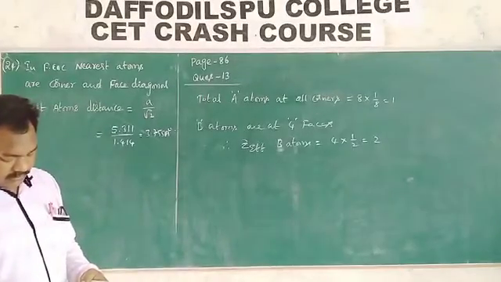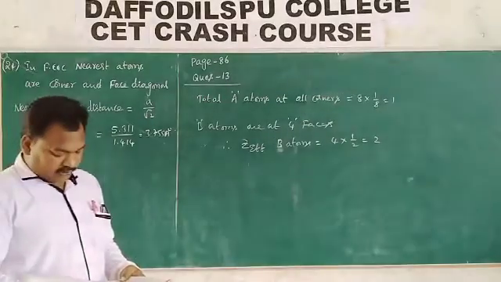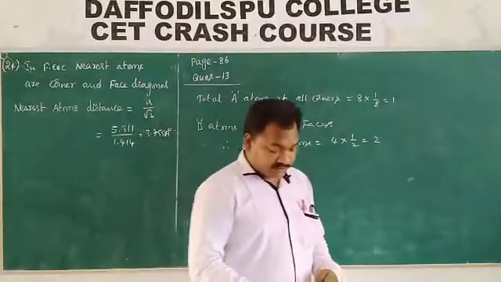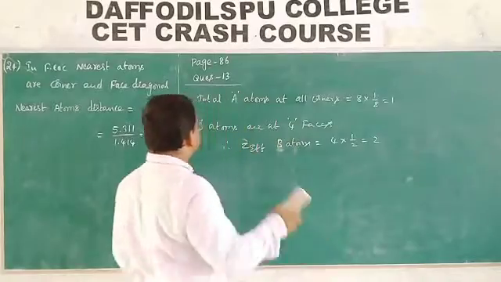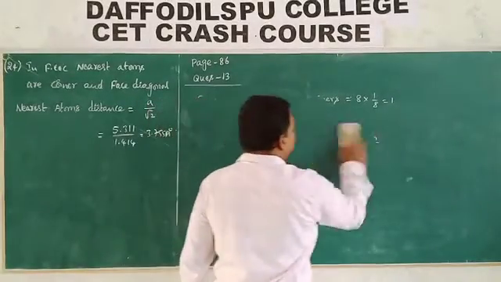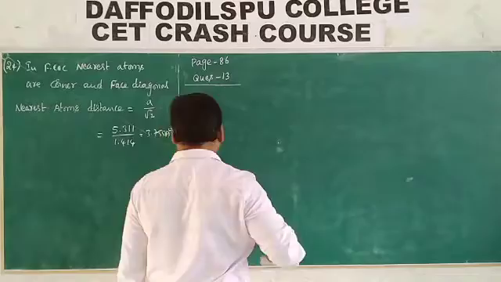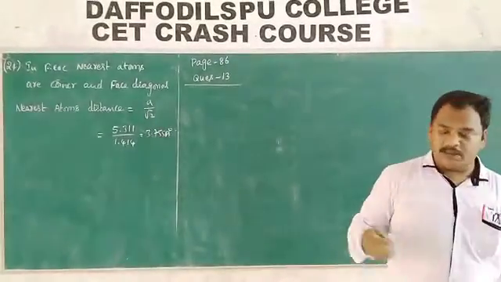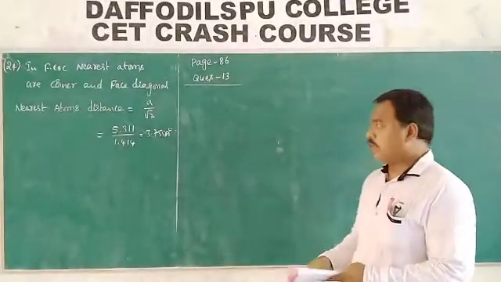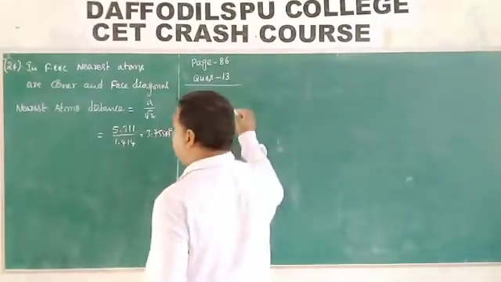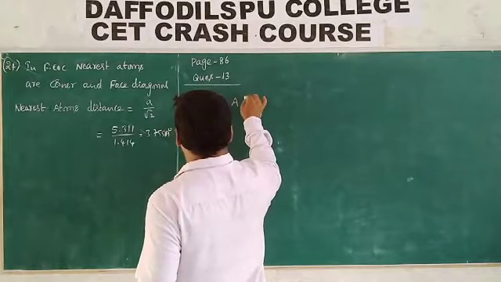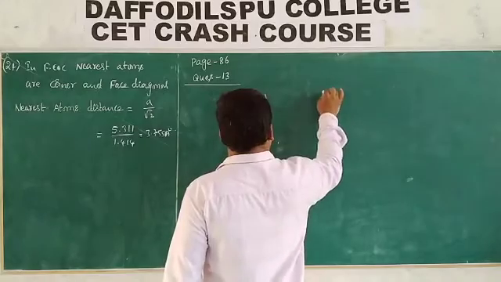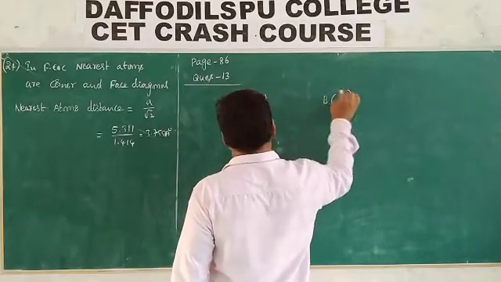They are saying that it is in NaCl structure. Sorry, they are not saying FCC. NaCl means you have to consider Na plus ions and Cl minus ions. Consider A atoms as Na plus, B atoms as Cl minus.